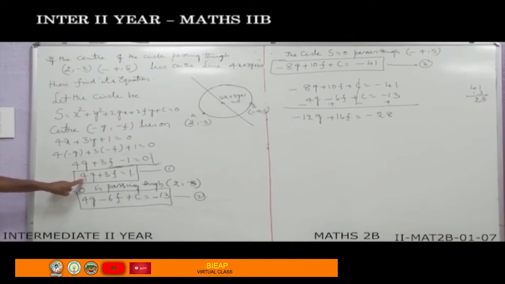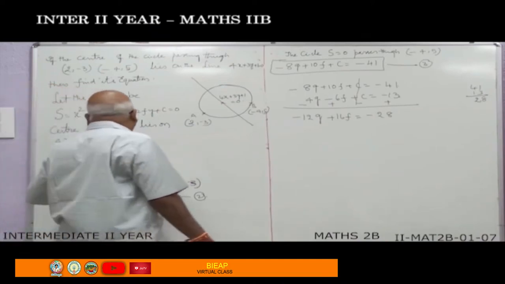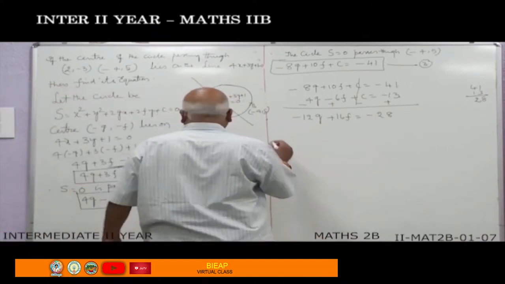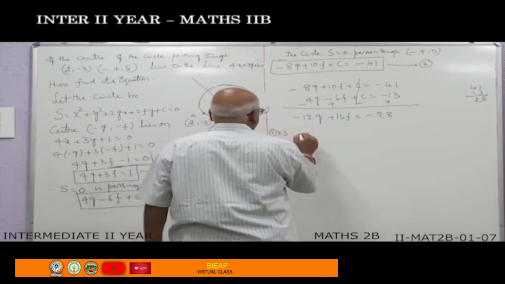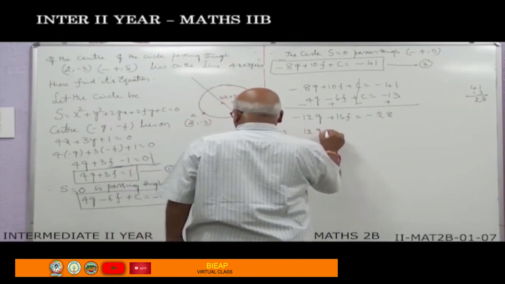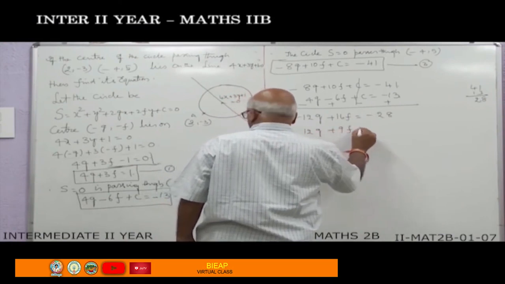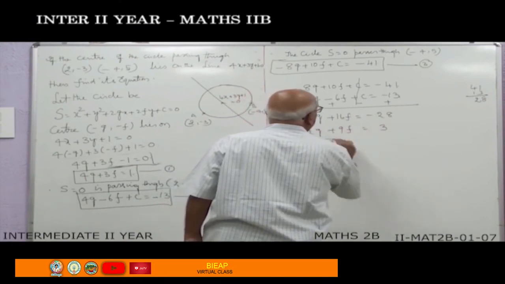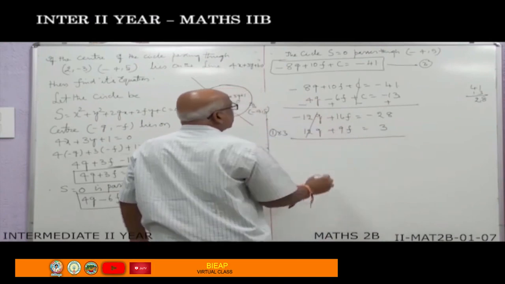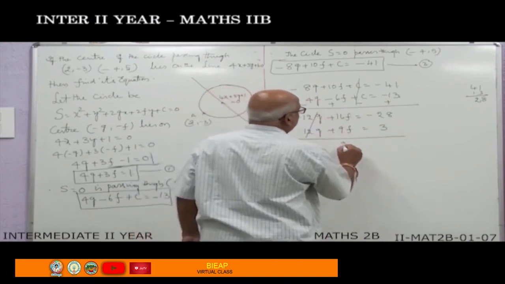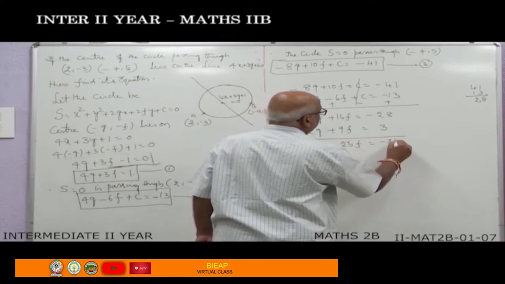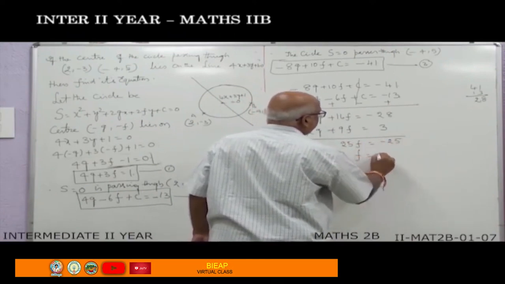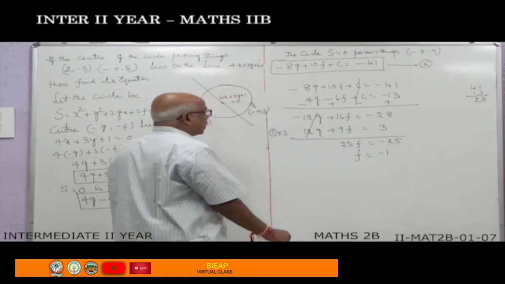When you multiply that equation with 3, you will be getting equal coefficients of G. So, equation 1 into 3 amounts to 12G plus 9F equal to 3. Adding these two, 16 plus 9, 25F. This is minus 25. Hence, F equal to minus 1.